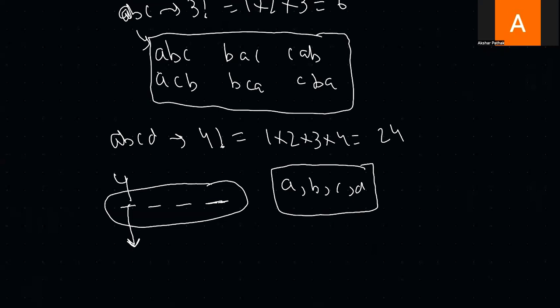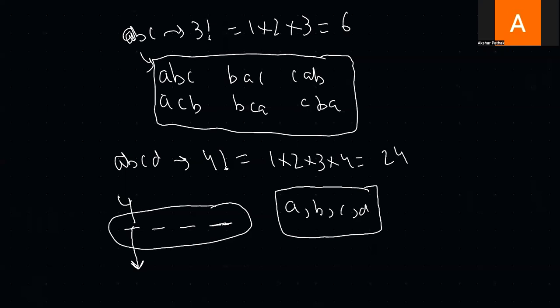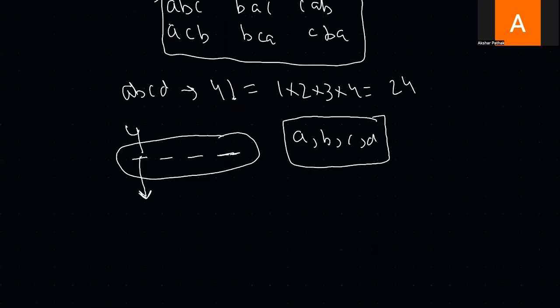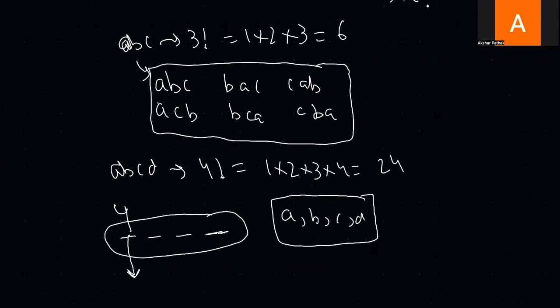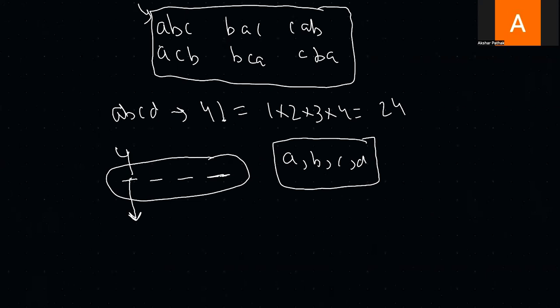And now I'm going to give you the example of the product rule, because we just studied the product rule, and this is nothing but the product rule. You can consider this as operation 1, this as operation 2, this is operation 3, and this is operation 4. If you have filled this box with one of these 4 items, you had 4 ways to fill.